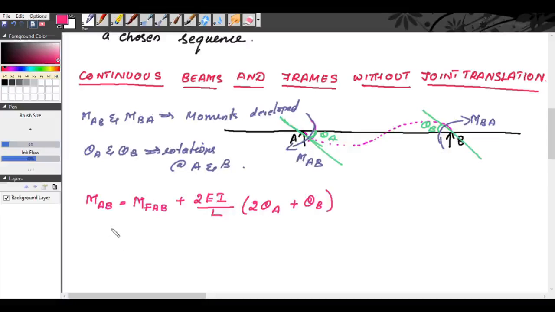So we will rewrite this equation as MAB is equal to MFAB plus 2E into, we will replace this I by L as KAB, into (2 theta A plus theta B).